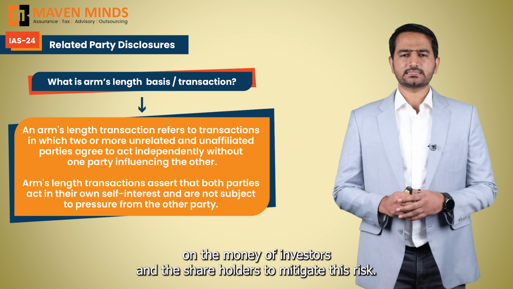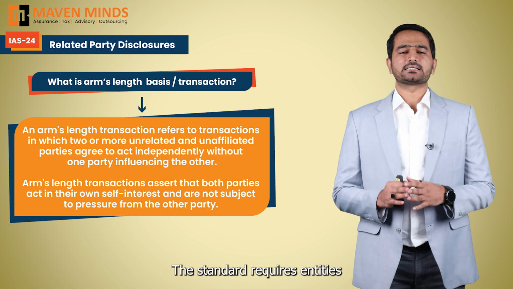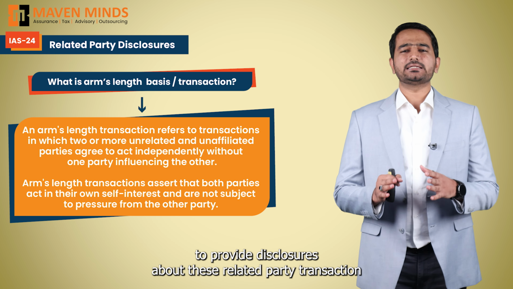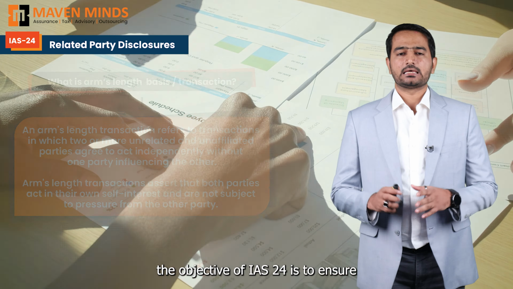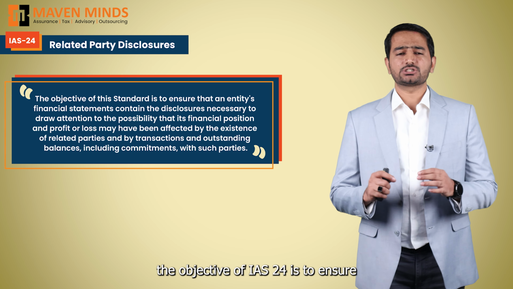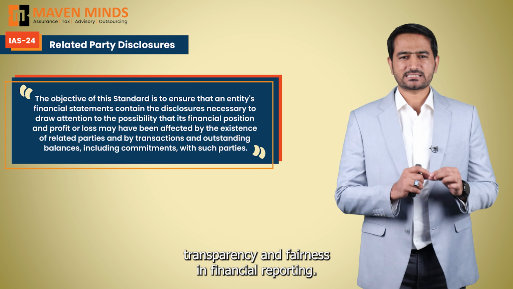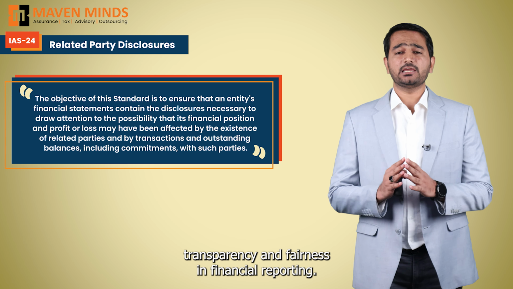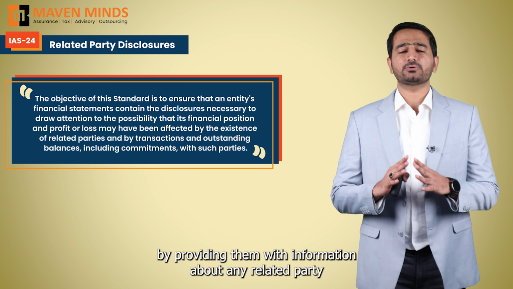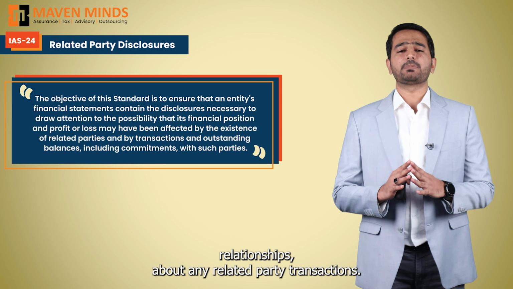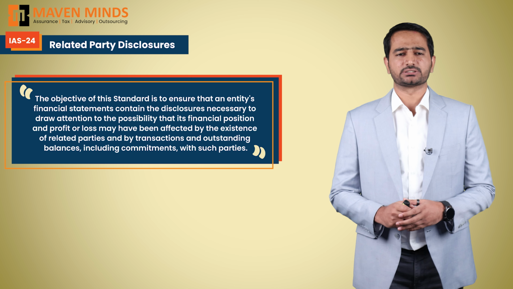To mitigate this risk, the standard requires entities to provide disclosures about these related party transactions. The objective of IAS 24 is to ensure transparency and fairness in financial reporting, protecting the interest of investors and shareholders by providing them with information about any related party relationships and any related party transactions.